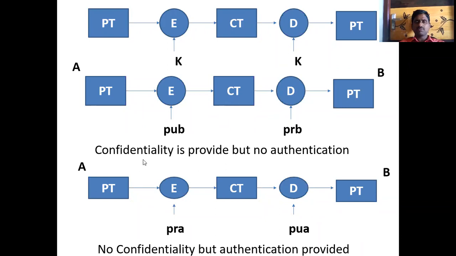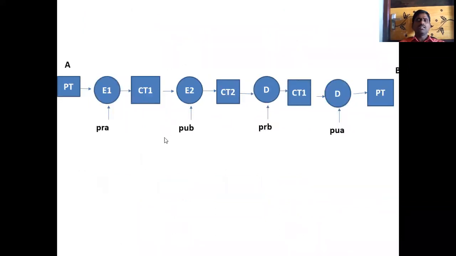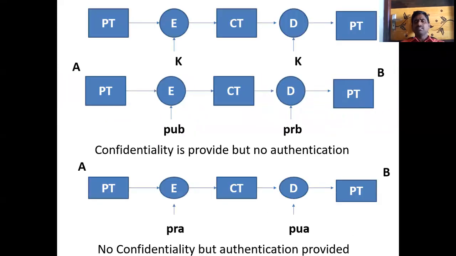The solution is to combine these two. See, if you combine, you will get it like this. Say the plain text, you are performing the encryption with a private key of A, you will get a ciphertext. Again, you are performing the encryption with a PU of B. So here both are satisfied, confidentiality and authentication.